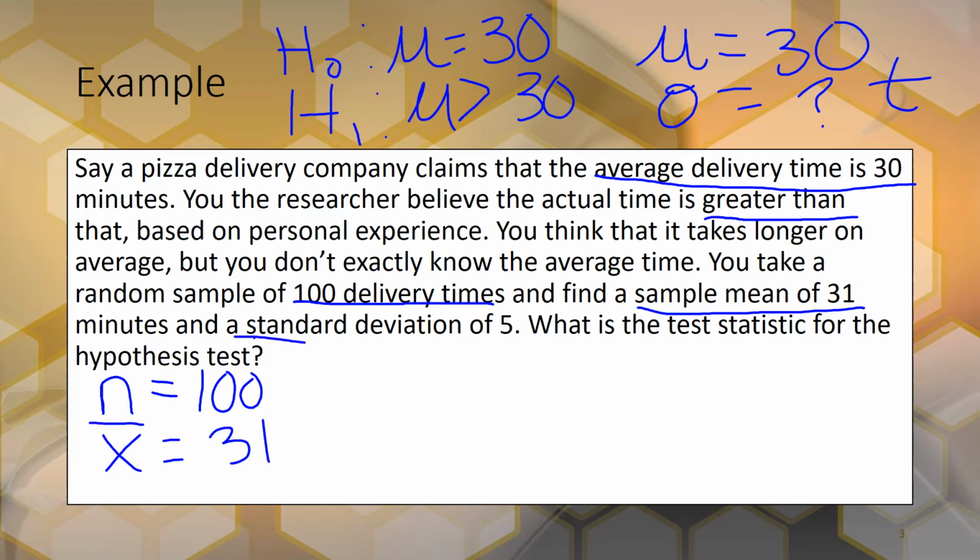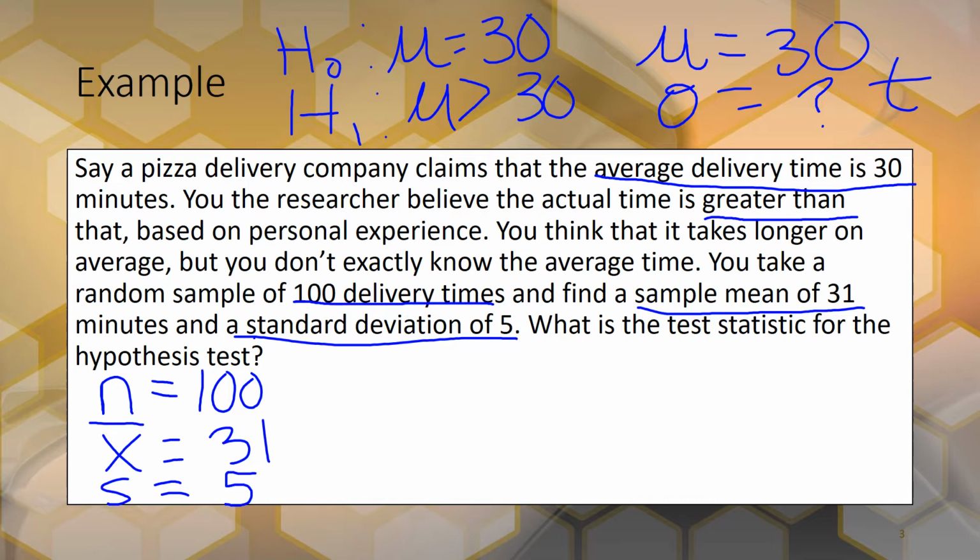And a standard deviation of 5. So this standard deviation is talked about when we talk about the sample. So that will be S instead of sigma in this example, because this example is a t-statistic example.